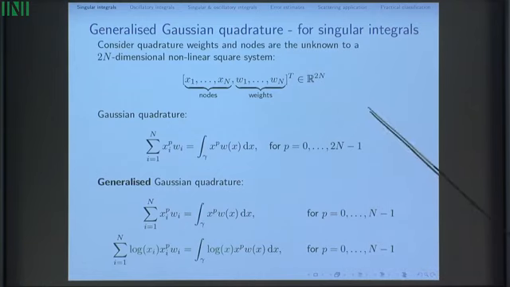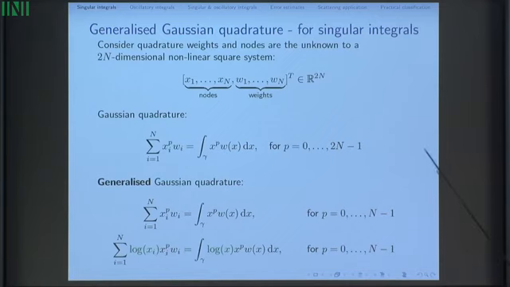Because we have 2n unknowns, rather than 2n minus 1 exactness for the monomials, we ask for just n minus 1 exactness, but we also ask for n minus 1 exactness for the log times monomial. So generalized Gaussian quadrature is great for functions which are well approximated by a polynomial plus log times functions which are well approximated by a polynomial.